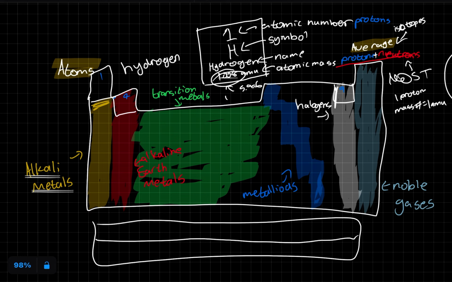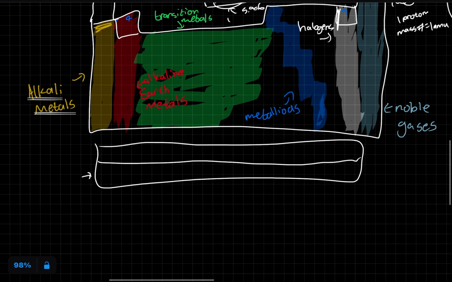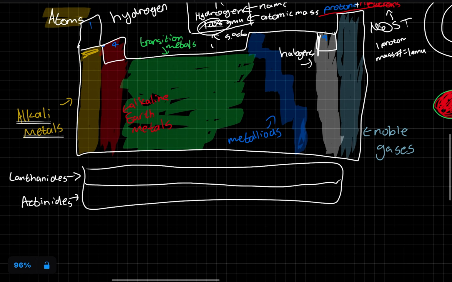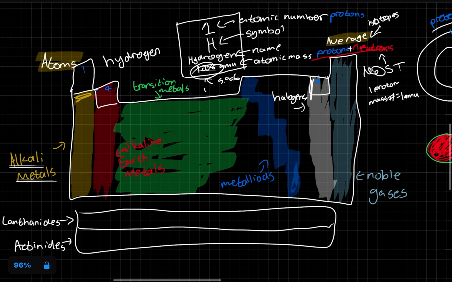And you've got your lanthanides and actinides near the bottom. Right here is the actinides. Right here is the lanthanides. You don't really need to know what those are. Just some teachers like you to know them, but it's not required.